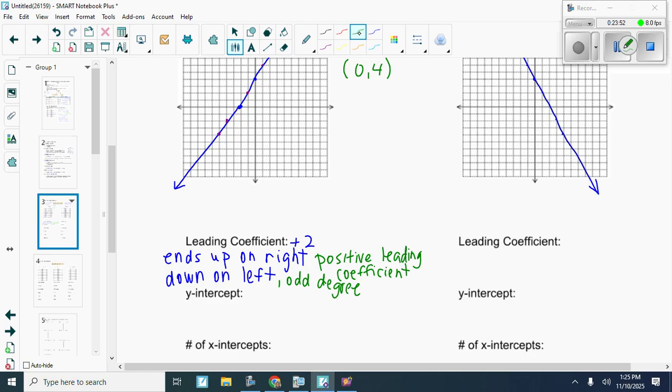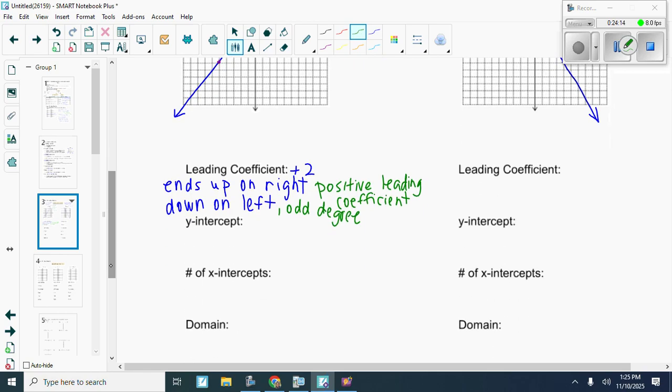It's an odd degree. So what you'll find is that there's some similarities between our degree 1 and what we're going to see in our degree 3. So if it's an odd degree, when we have a positive leading coefficient, we're down on the left.